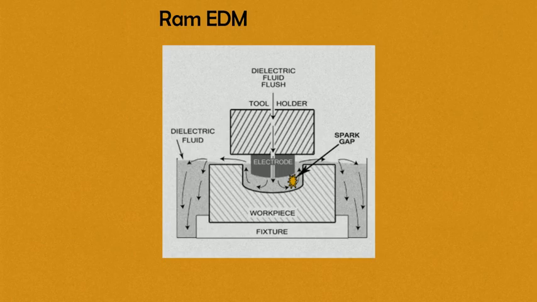RAM EDM machines are also referred to as die sinking or vertical EDM and range in size from manually operated tabletop systems to large bed manual or computer numeric control systems. RAM EDM has four major subsystems: a power supply, a dielectric system, an electrode, and a servo system.